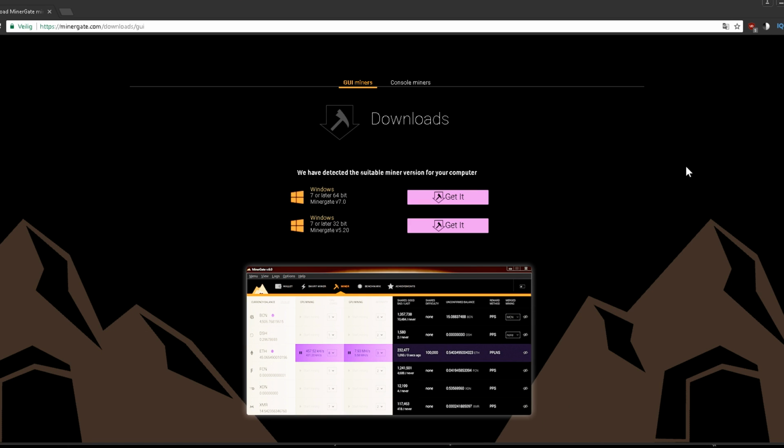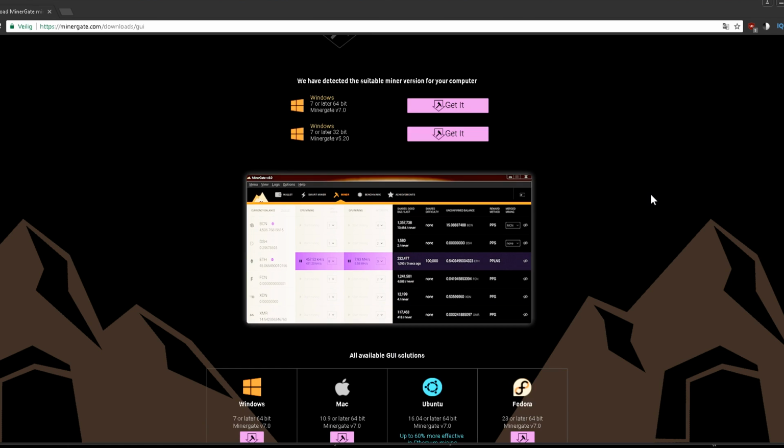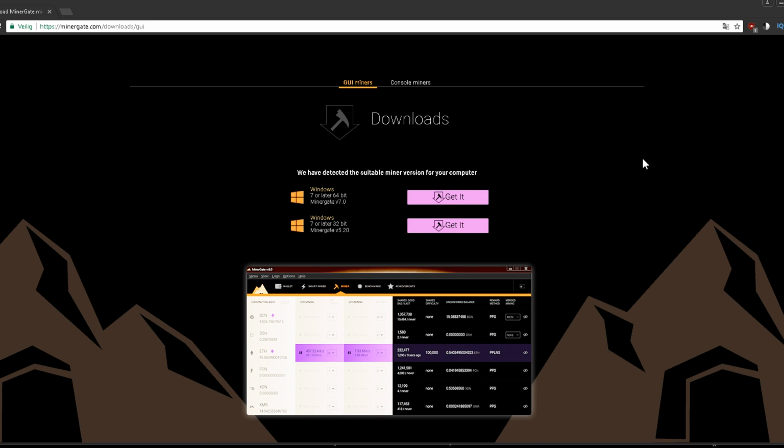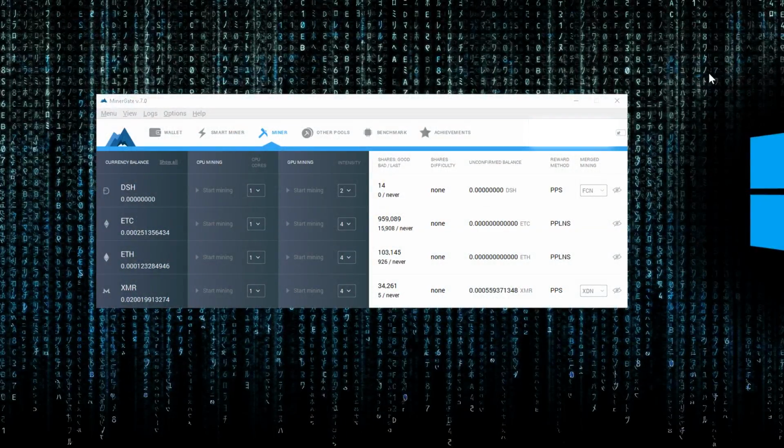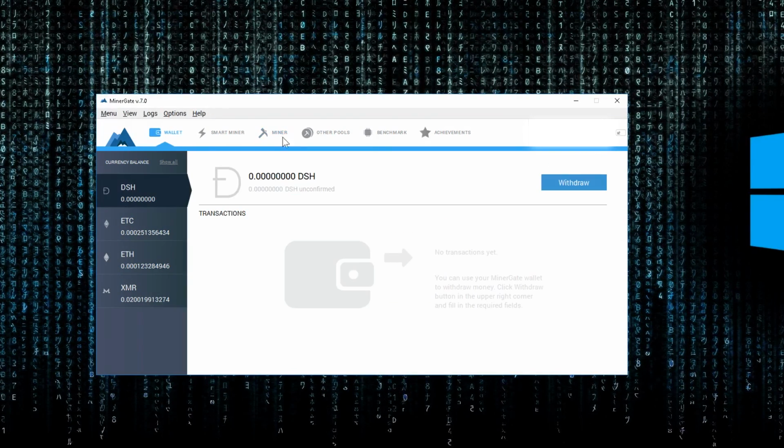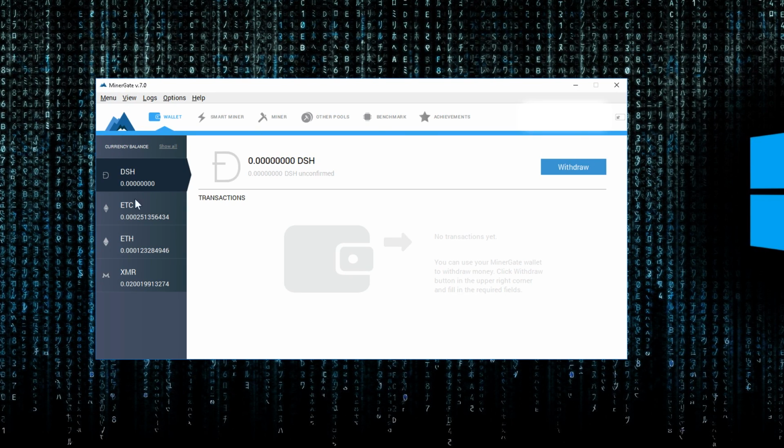Basically, I'm gonna be calling it the Minergate client 7.0 v7, and I'll be running you guys through that at the moment. I'm gonna close this one. So here you can see the Minergate client.